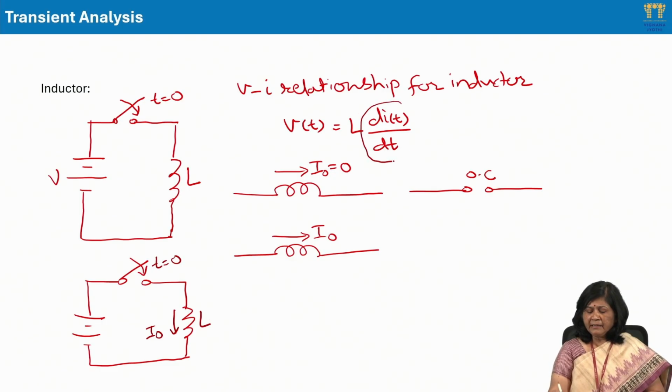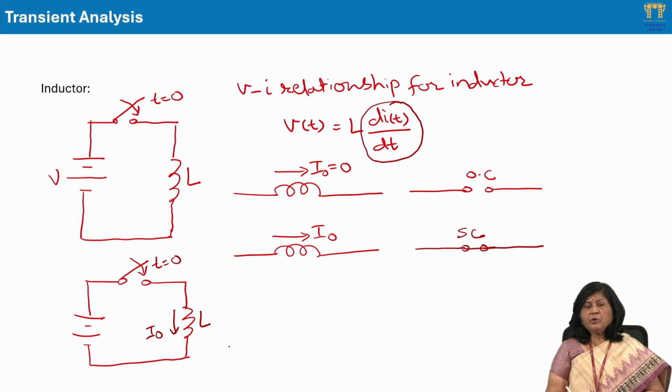L di by dt, a change in current with respect to zero time, is not possible. So this time my inductor will behave like a short circuit. During this period, the inductor stores energy and doesn't respond to the sudden change in current. So that's how the inductor behaves like an open circuit here and a short circuit here.